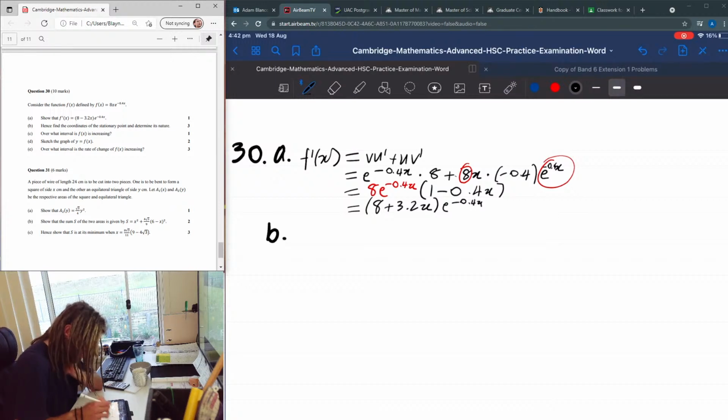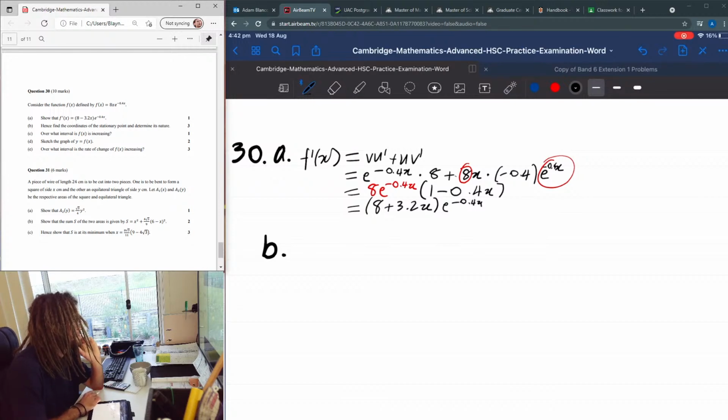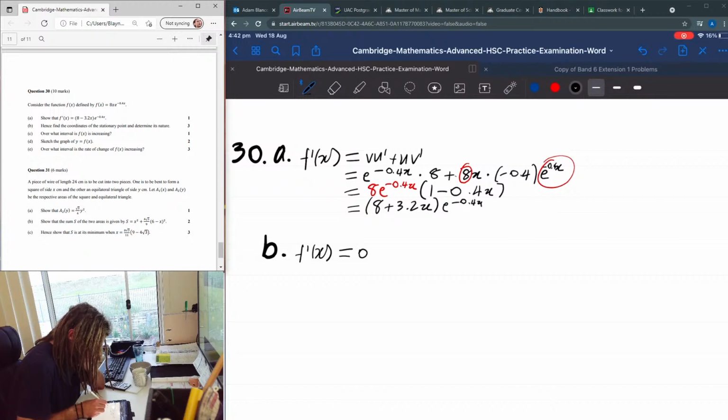B. Hence find the coordinates of the stationary point and determine its nature. Oh, 3 marks. This is probably mental then. Okay, so I'm setting the first derivative equal to 0. So that means 8 plus 3.2x times e to that has to equal 0.